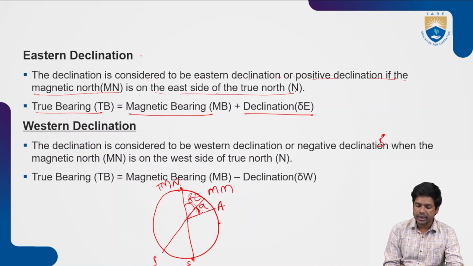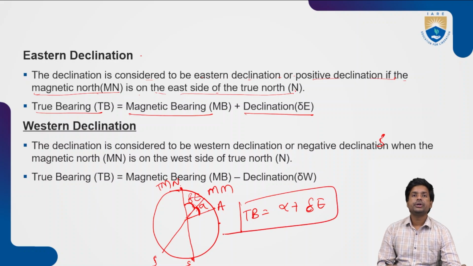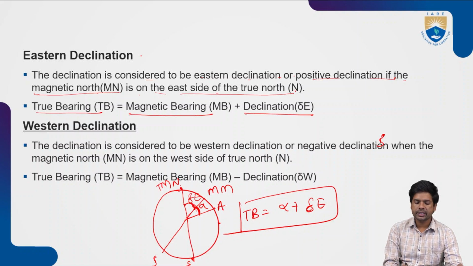To find the true bearing of line A with respect to true north, the true bearing is equal to the magnetic bearing, alpha, plus the declination, delta E. This is how we find the true bearing of a line with respect to eastern declination, where the magnetic meridian is towards the east side. And next, coming to the western declination.